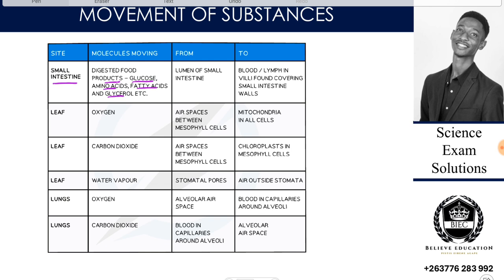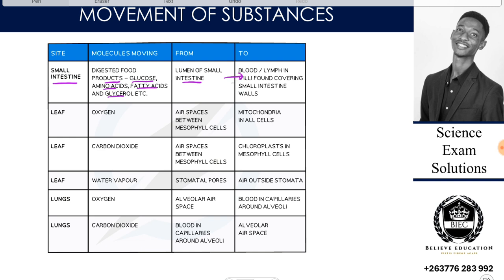And these digested food products move from where? From the lumen of the small intestines into the blood or lymph in the villi. That movement into the blood is a diffusion movement.